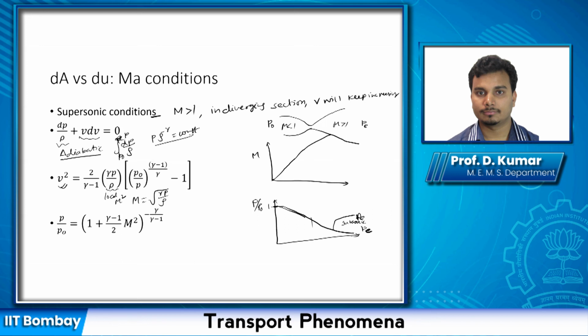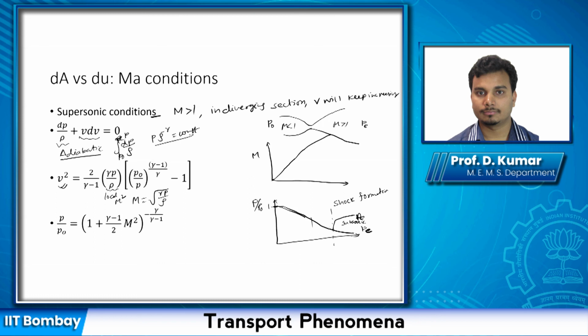So there may be cases where your exit pressure is not equivalent to what you expect from this equation. Then there will be something called shock formation, which we are not discussing in this lecture. Essentially, shock formation causes a huge dissipation of energy, and that changes your condition from supersonic to subsonic.